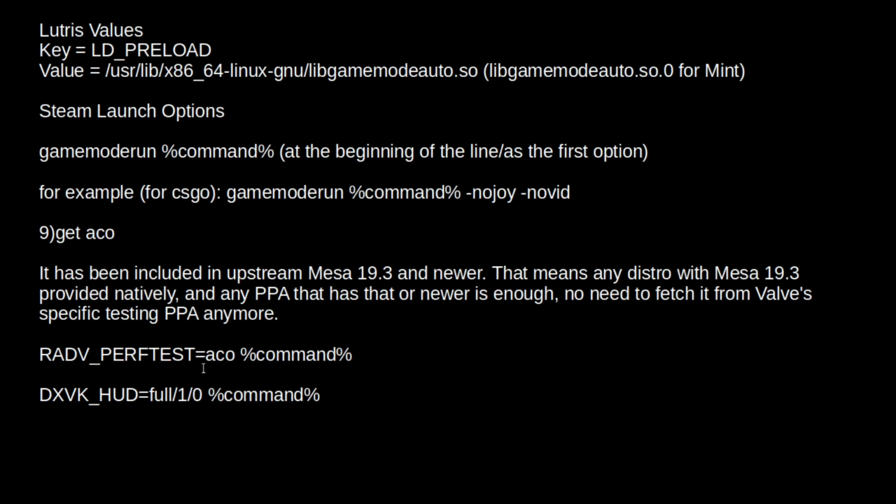If you want to enable it, again you write RADV_PERFTEST=aco %command%, and then you can also check if it's running with DXVK_HUD, let's say equals full, again %command%, and you can nest several of those commands.